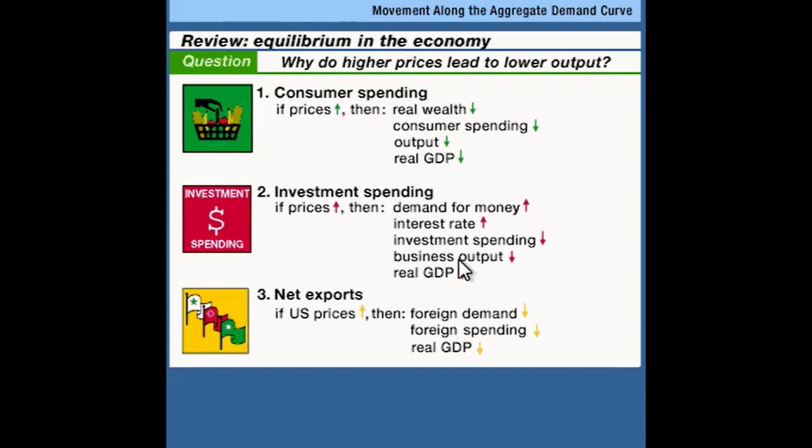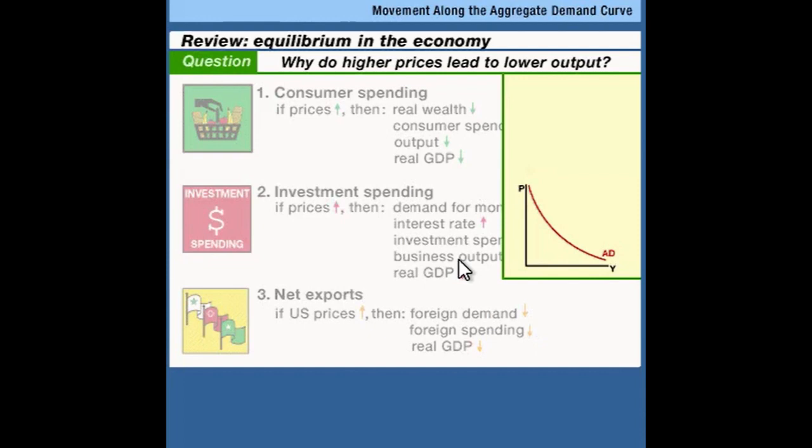So there are three effects, and all three of these effects are summarized in the aggregate demand curve. The aggregate demand curve shows the relationship between the aggregate price level in our economy and our real gross domestic product. When the aggregate price level rises, there are three consequences. Consumers see their real wealth shrinking and they buy less.